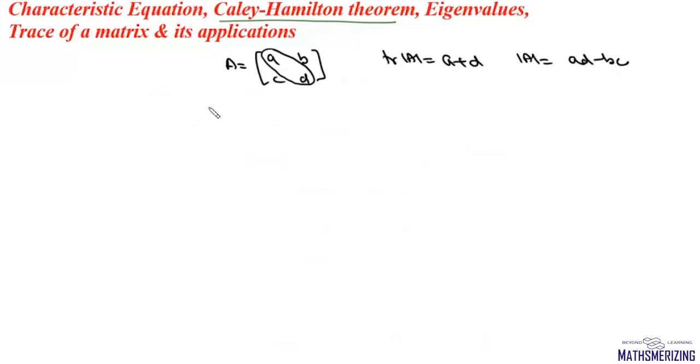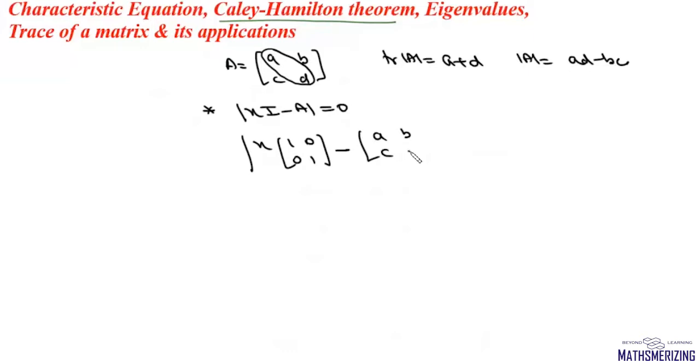Now first we'll write its characteristic equation. So its characteristic equation will be the determinant of xI minus A, and we'll put it equal to 0. So it'll be x times the identity, 1 0 0 1, minus A, which is a b c d.